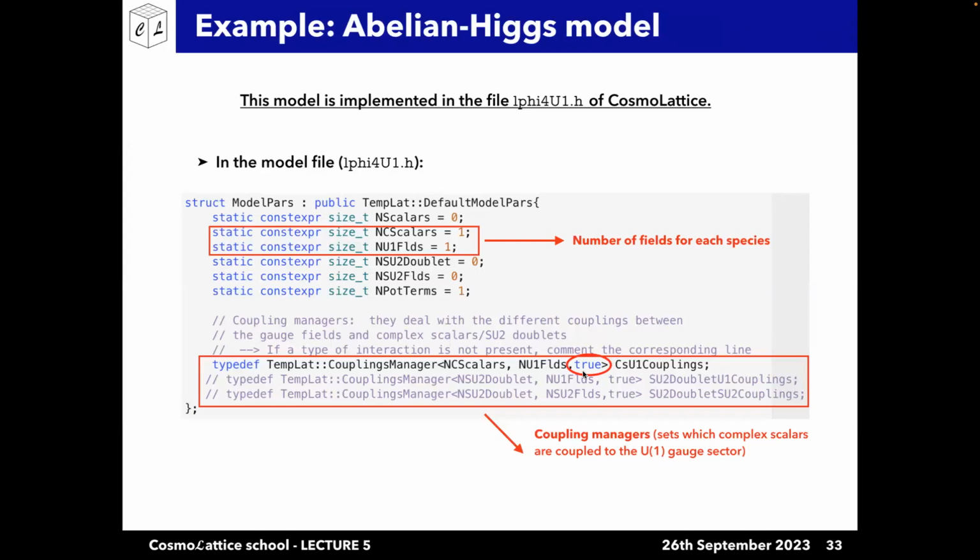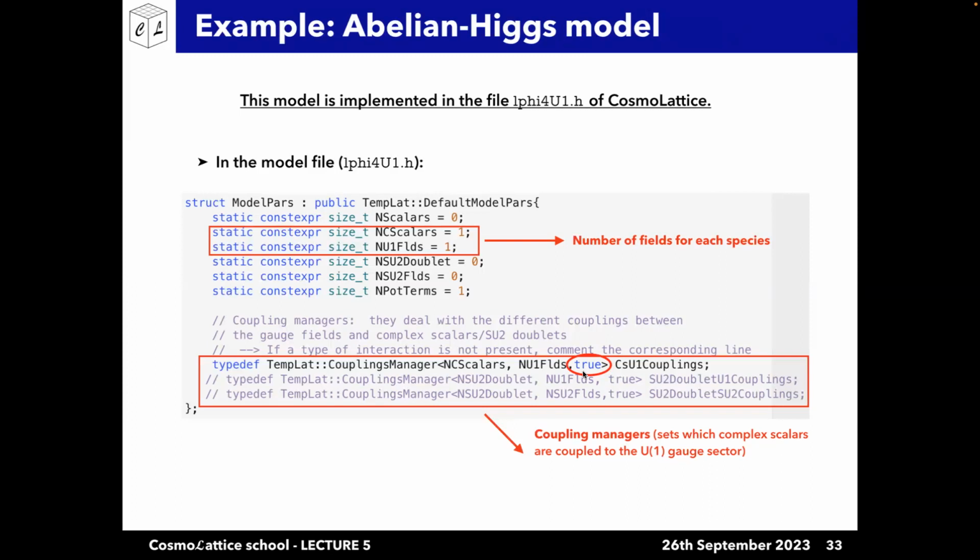Suppose I have a model in my mind with two different gauge fields with different gauge charges, say U1 prime or U1 B minus L kind of model. How do I tell CosmoLattice that I have two different gauge fields with two different gauge couplings, and how do I understand inflation in this kind of model? How do I tell or write it?